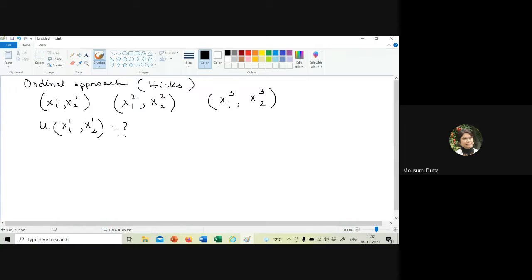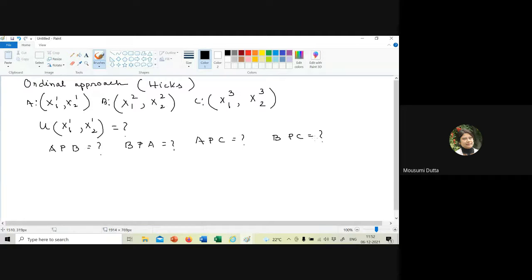However, given these three combinations, I will be able to compare them. If I call this A, this B, and this C, then I will be able to say whether A is preferred to B or not, or B is preferred to A or not, whether A is preferred to C or not, or whether B is preferred to C or not.